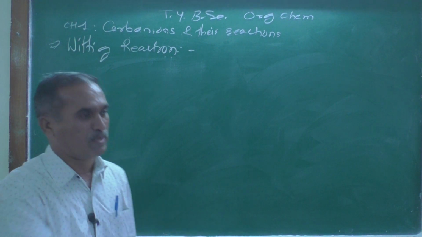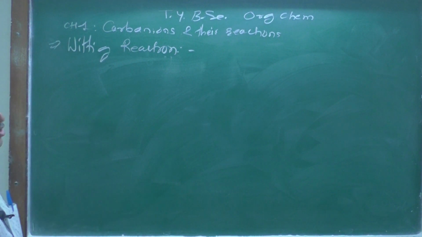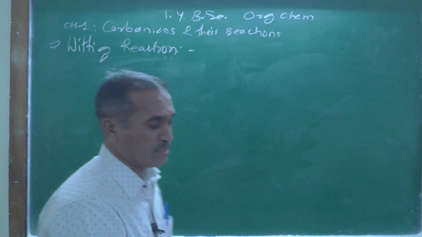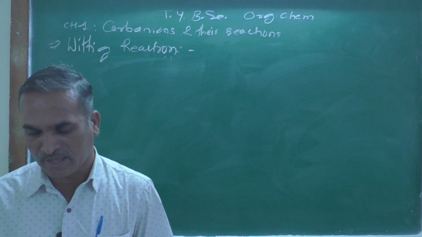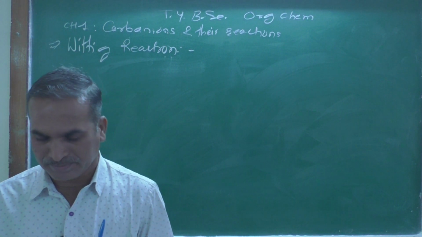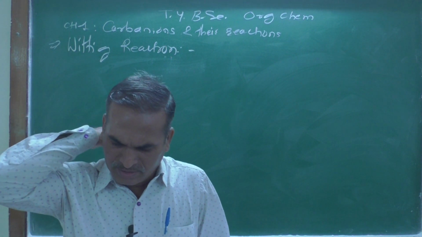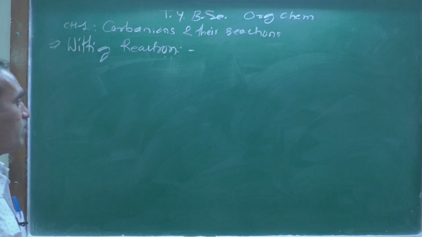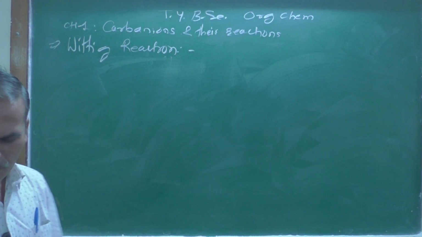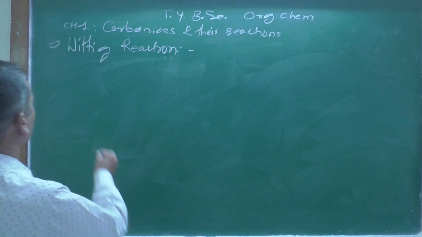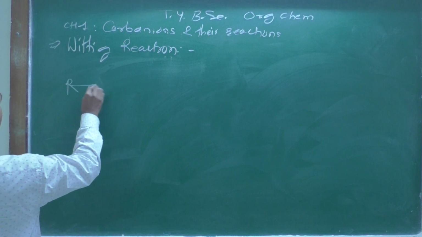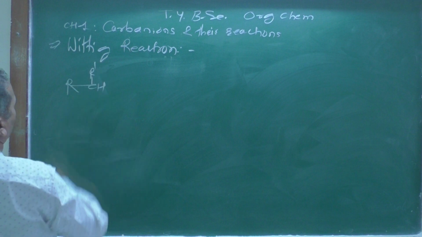So in a similar way, the Wittig reagent is also prepared by using triphenylphosphine, right? Suppose we have taken an alkyl halide. I have specifically chosen this here.